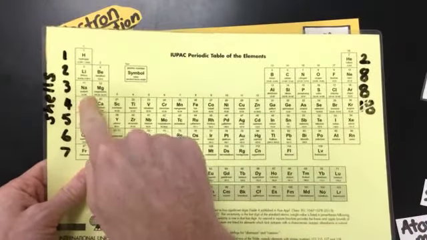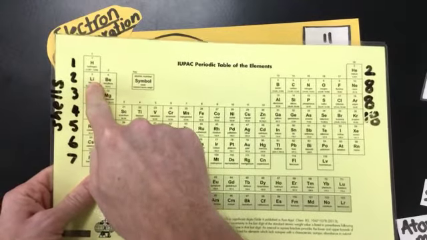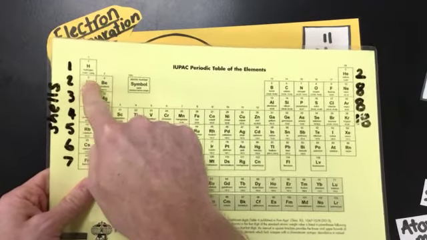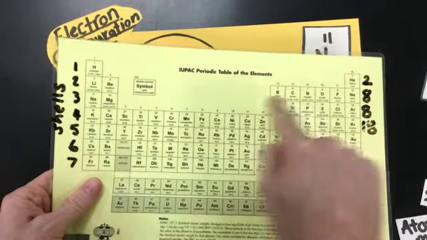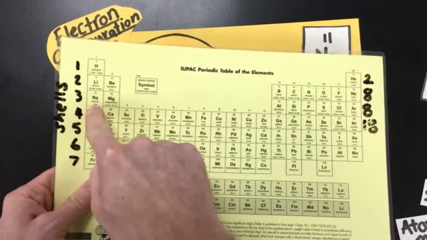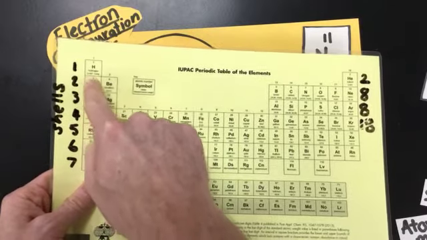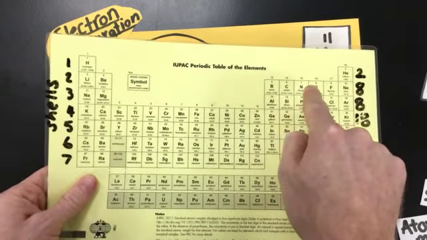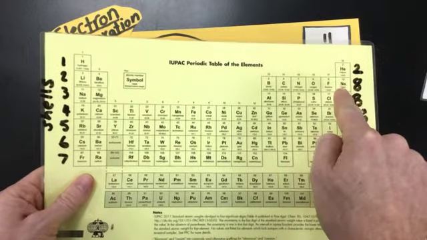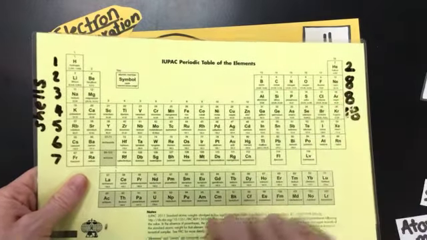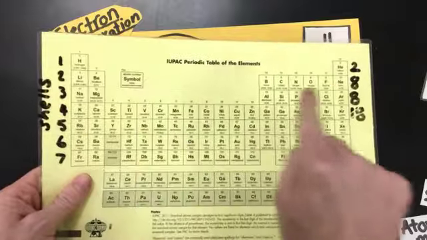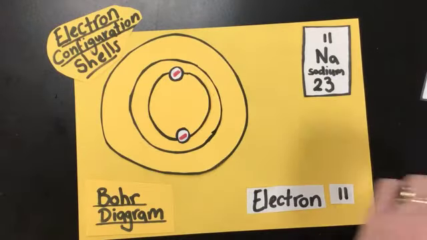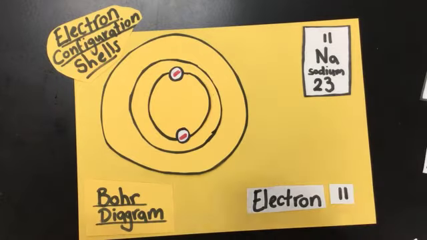Well, lithium is up here and sodium is down here. So it means we would have to go through this entire row before we get down to sodium, which means we need 1, 2, 3, 4, 5, 6, 7, 8. If you used my shortcut, you would know straight away that there are 8 electrons in that row. So we need 8 electrons on this shell.